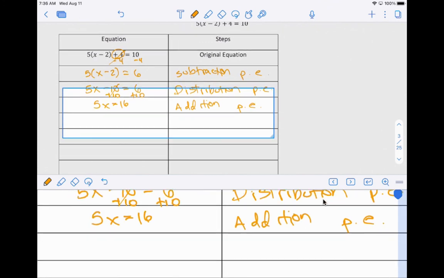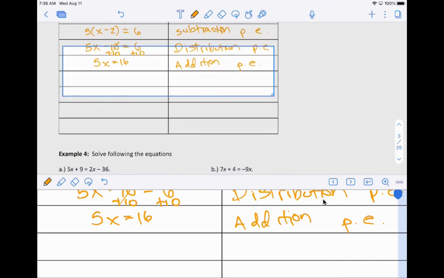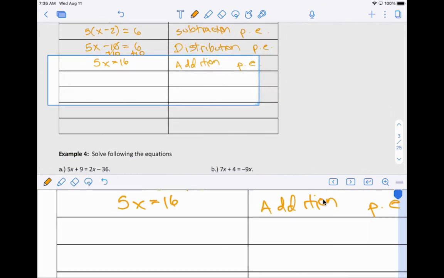All right, last thing. I've got one more thing I need to do. I've got 5 times x, so if I divide on both sides, I divide by 5, divide by 5. I have a lot of students who will divide that out, and that's okay, you do get a terminating decimal. There's nothing wrong with decimals.